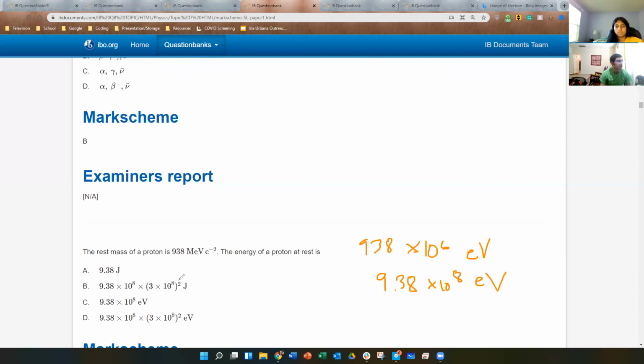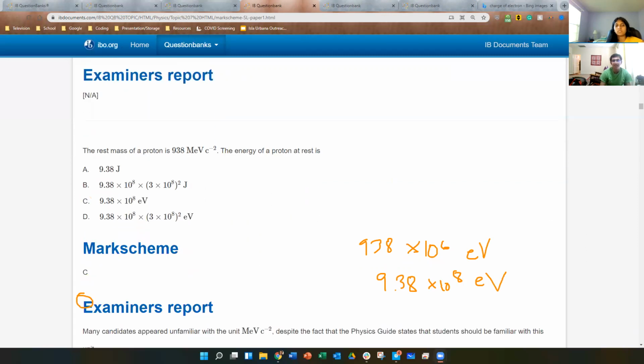Oh, wait, you multiply that mass by c squared, which is what we did. So is the answer just C then? Sometimes I get psyched out by these because they're so easy.